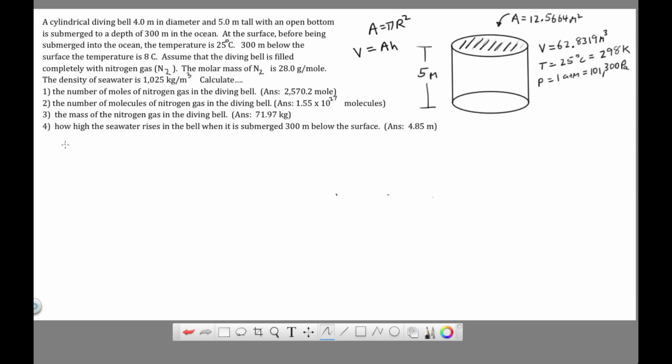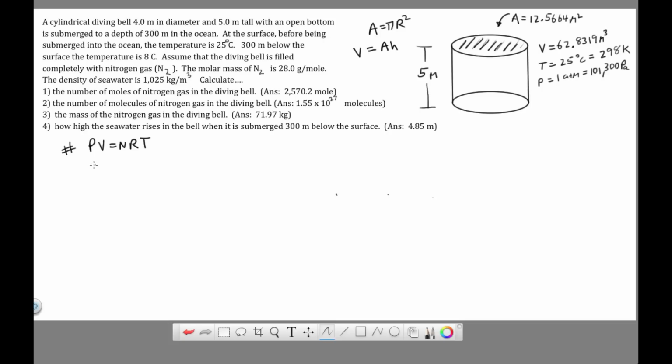All right, so solving number 1, the solution is simply in PV equals nRT. So P is pressure, V is volume, N is moles, R is gas constant, and there are 2 versions of the gas constant, and T is temperature, which always has to be in Kelvin.